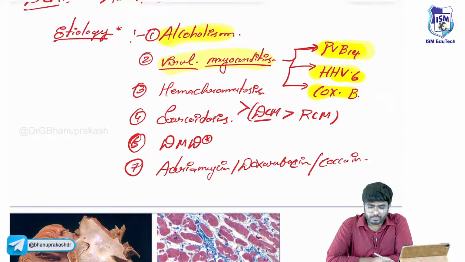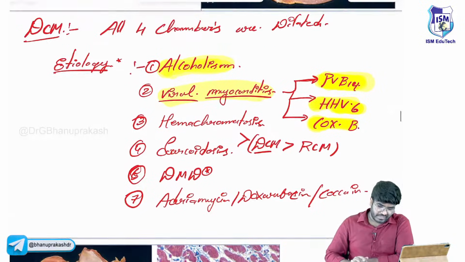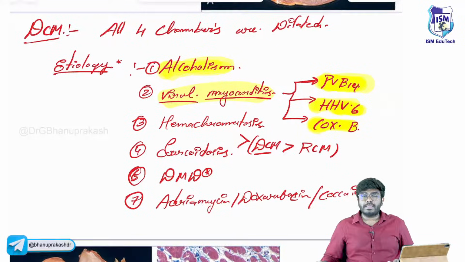So alcoholism, viral myocarditis, hemochromatosis, sarcoidosis, Duchenne's muscular dystrophy, and certain drugs like cocaine, adriamycin or doxorubicin. These conditions may cause a dilation of the heart chambers.